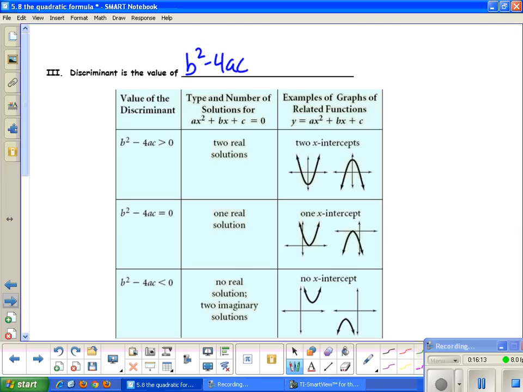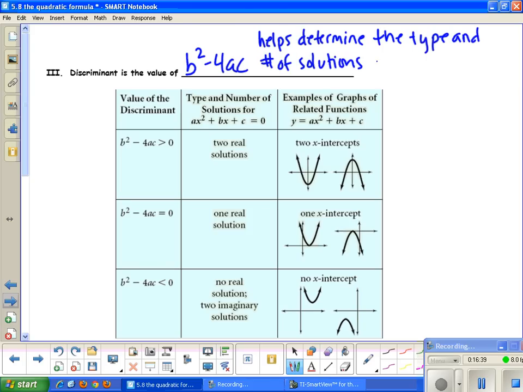And the discriminant is helpful because it helps us determine the type and number of solutions for a quadratic equation.